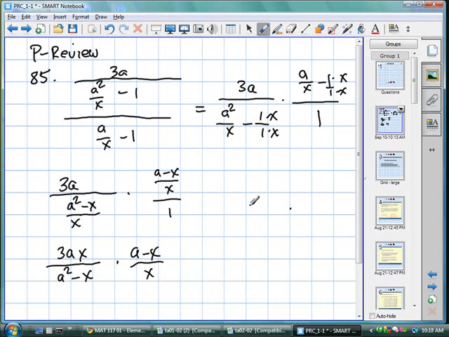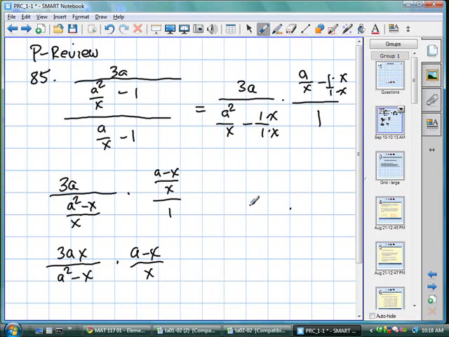Doesn't that really mean... Would you agree with that? And isn't that the same as... And then if you bring that together, don't you just get 3a? Okay, that's how I got that.